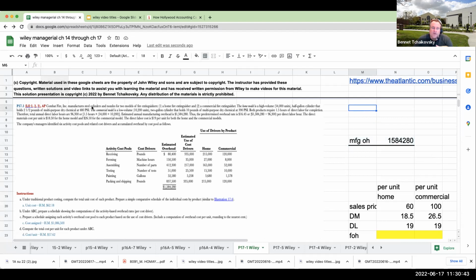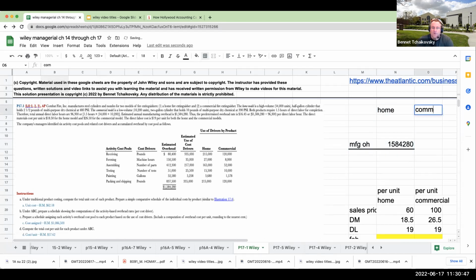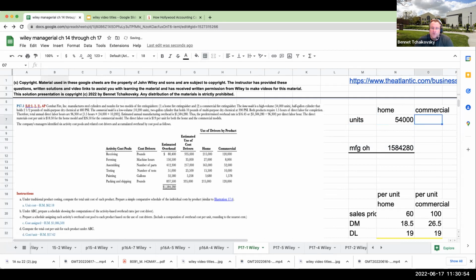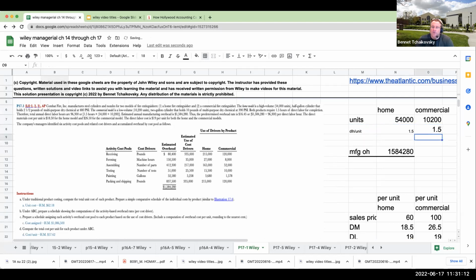So Combat Fire manufactures cylinders for the home and for commercial. The home model, in terms of units, is 54,000 units per year. Over here, the commercial model, low volume, is 10,200 units. Both products require 1.5 hours of direct labor. So my direct labor hours per unit is 1.5 and 1.5.